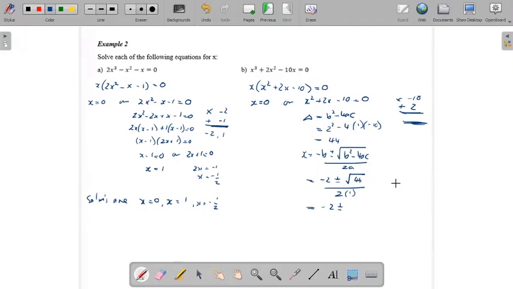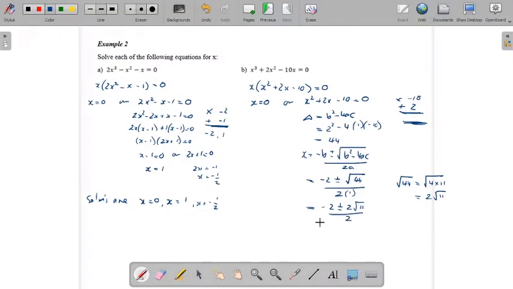So the square root of 44 is the same as the square root of 4 times the square root of 11. The reason I chose those numbers is because I know 4 is a square number, and that's the same as 2 times the square root of 11. So we always look to see whether we can simplify that down.